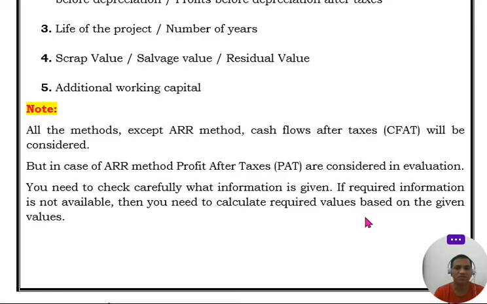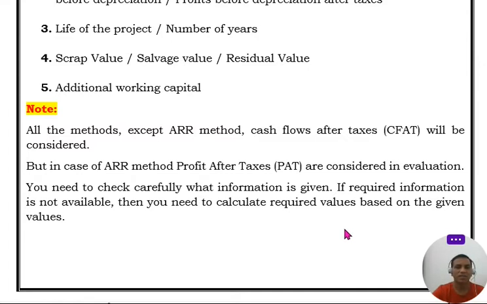This is the basic information you have to keep in mind before solving practical questions in the capital budgeting techniques, tools, or methods. Let us start with the first one, traditional methods, non-discounted cash flow methods.